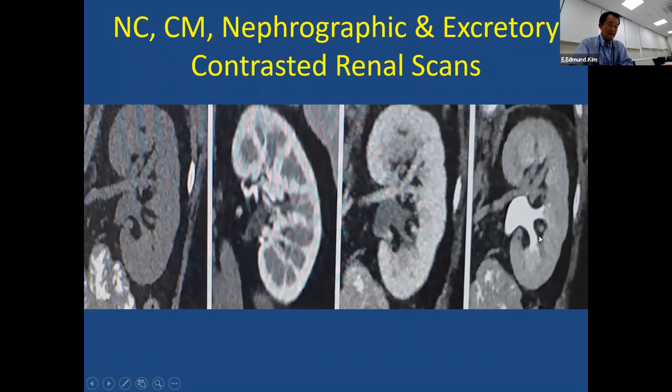So just like a nuclear medicine renogram study, they can also generate the same information.